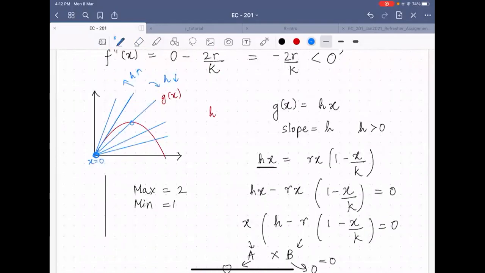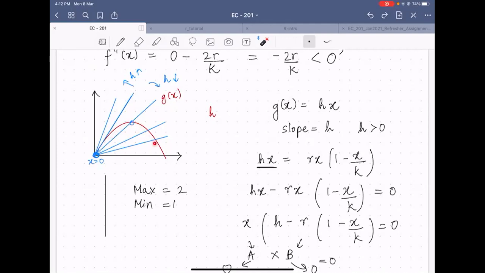When h is less than r, that means the slope of the line is less than the slope of the tangent to the parabola at x equals 0.